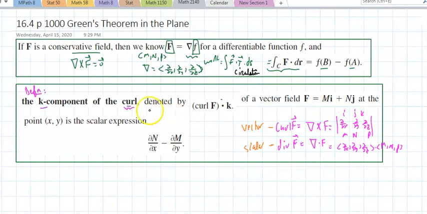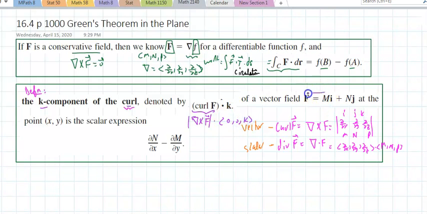Let's find it. So the k component of the curl of F. Curl of F is del crossed with F. And if you remember in the previous section, that was flux dotted with the k component. I, j, the k component, right?